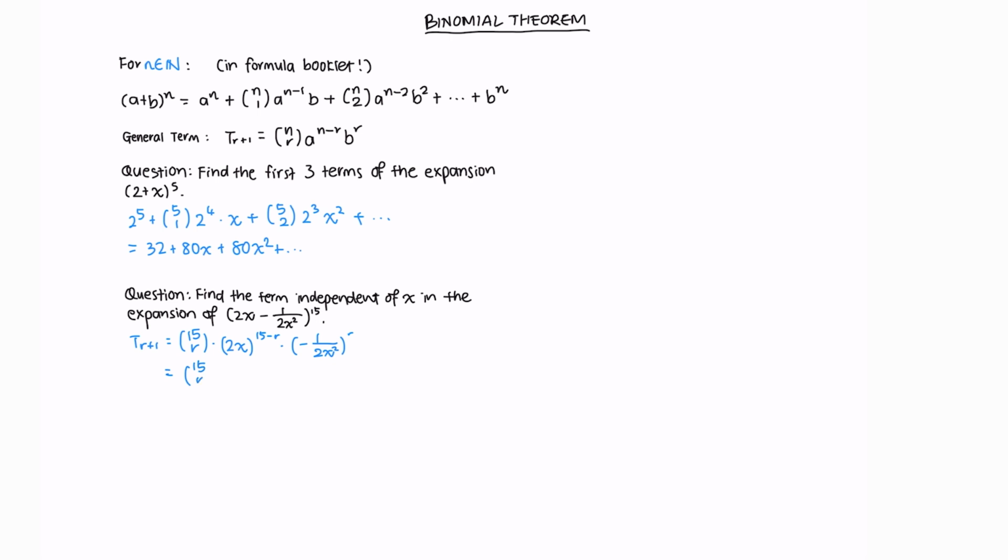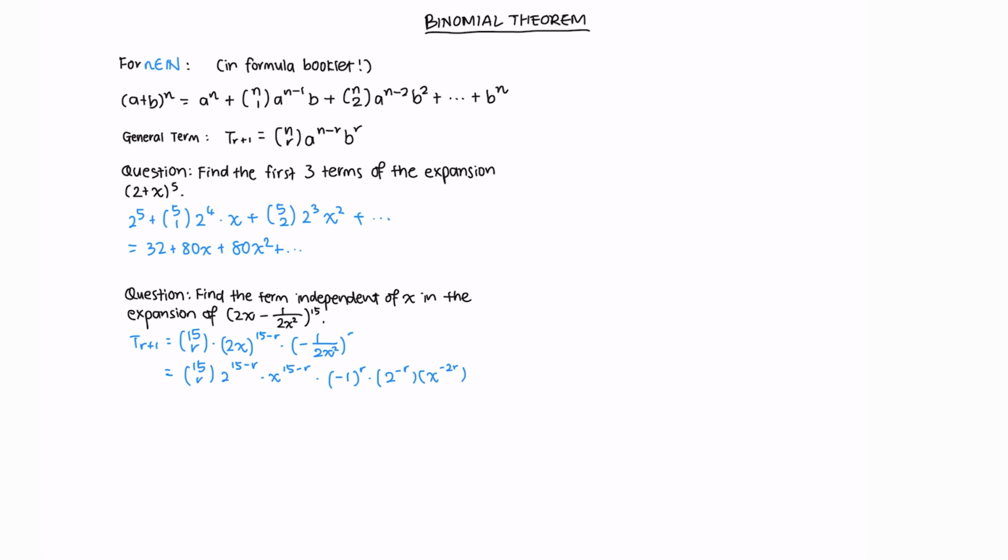Okay, let's simplify this a little. We will have 2 to the power of 15 minus r times x to the power of 15 minus r times negative 1 to the power of r times 2 to the power of negative r, because (1/2)^r is just 2 to the power of negative r, and then x to the power of negative 2r.